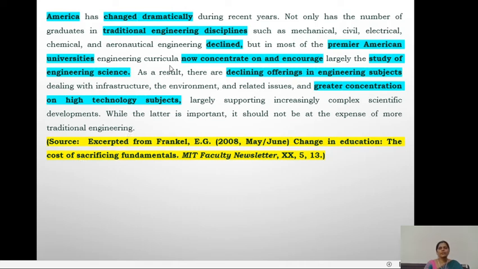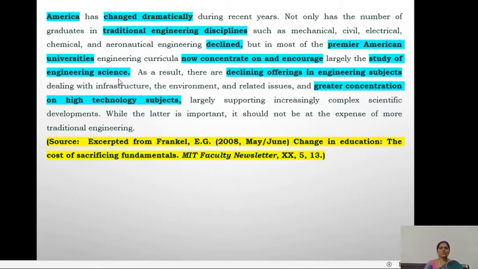So, what are the key points that we can find? Some change has come dramatically in America with regard to traditional engineering disciplines. Traditional engineering disciplines are declining, and premier American universities now concentrate on and encourage the study of engineering science instead of the core subjects.